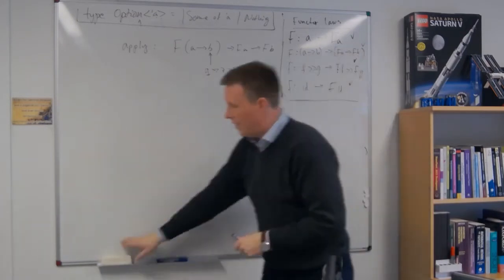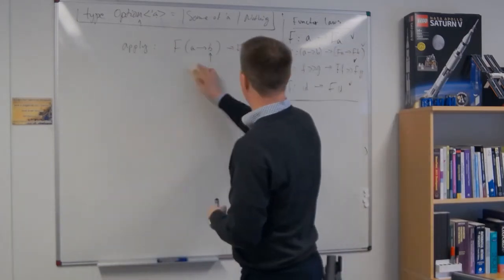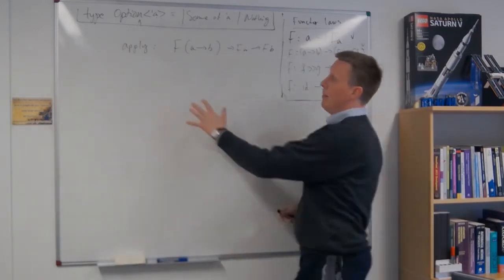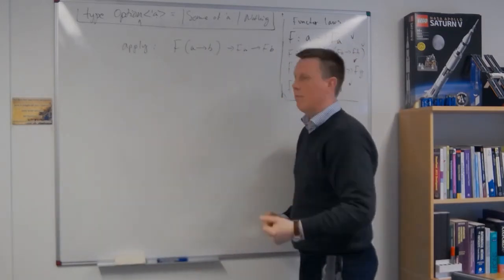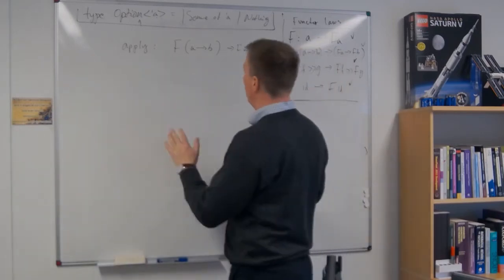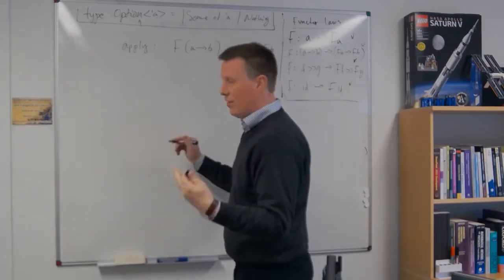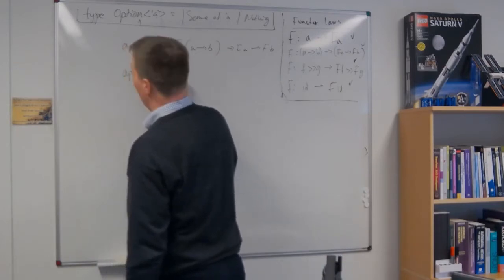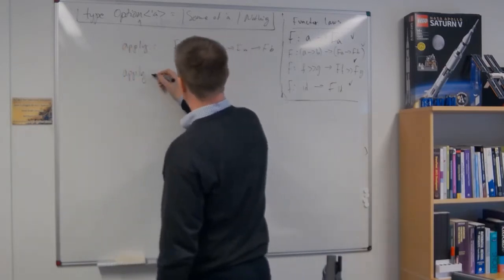So let's have a little look how we can implement this in a concrete way, so that we can look at how we can implement apply. We start with option. We can look at list later, but we start with option. So let's just define apply for the option type.